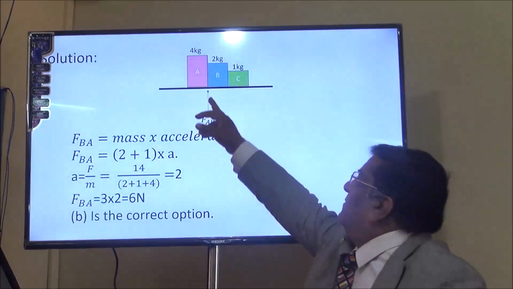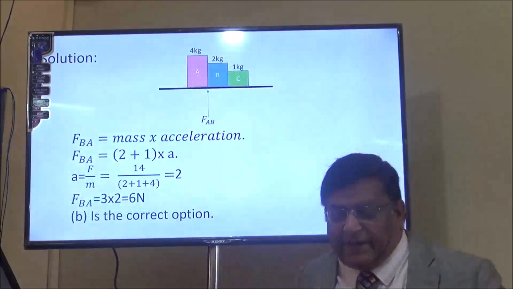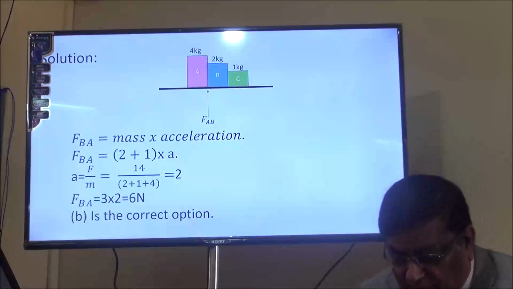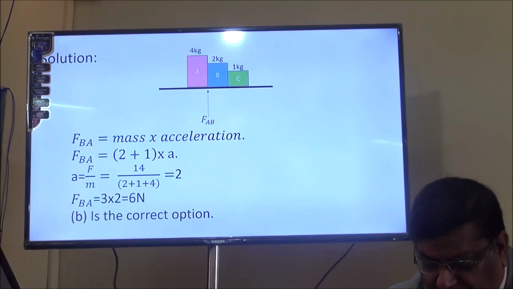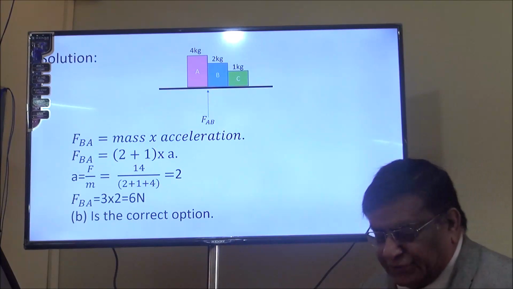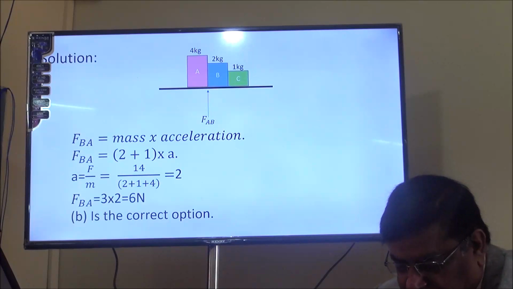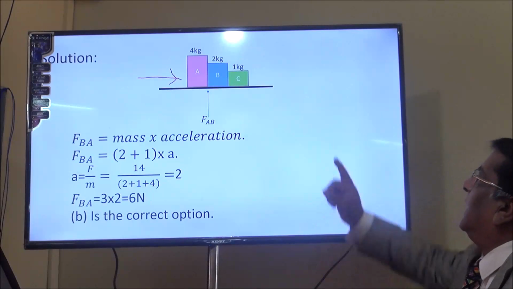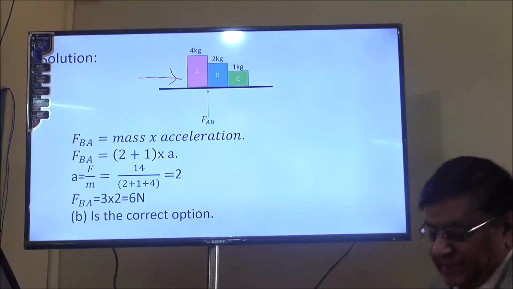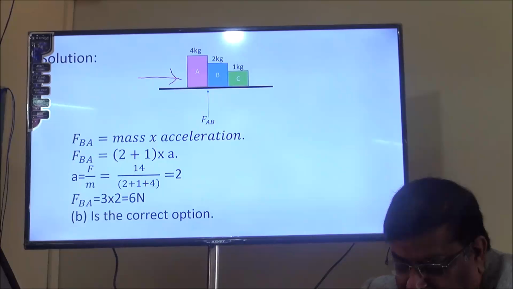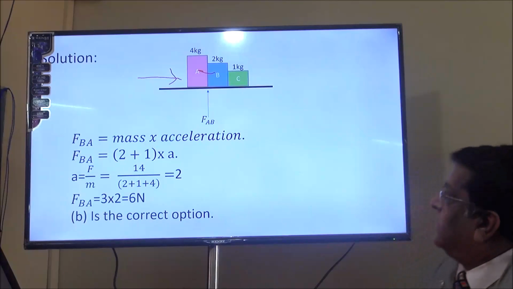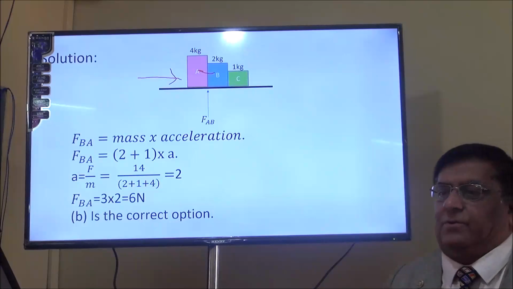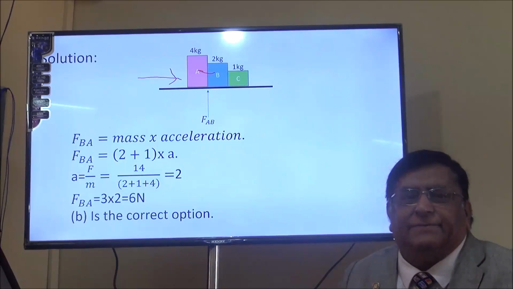We are applying force on A here, and what we want to find out is the force which is applied by A on B. That will be here, A to B. Okay. How to do it?